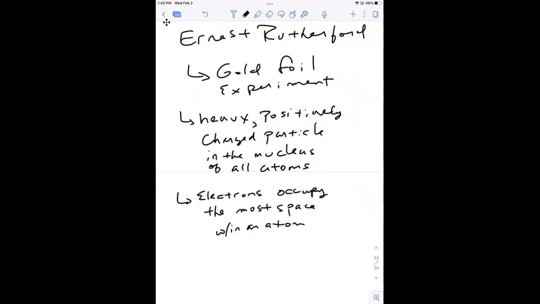So the nucleus is very small compared to the space that the electrons occupy. Even though the electrons are very small, we're going to talk about later how those electrons are mobile. Like they don't sit still. They're always moving and orbiting that nucleus. All right. So the electrons occupy more space than the nucleus, but most of the mass is concentrated in the nucleus.